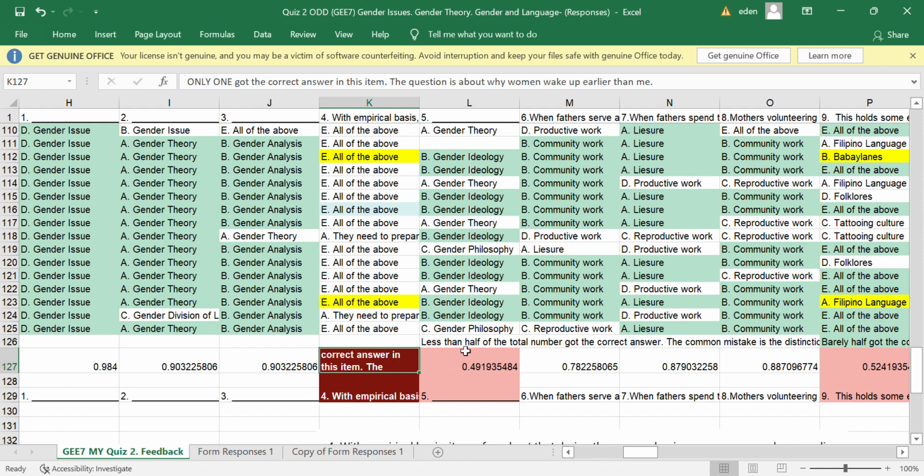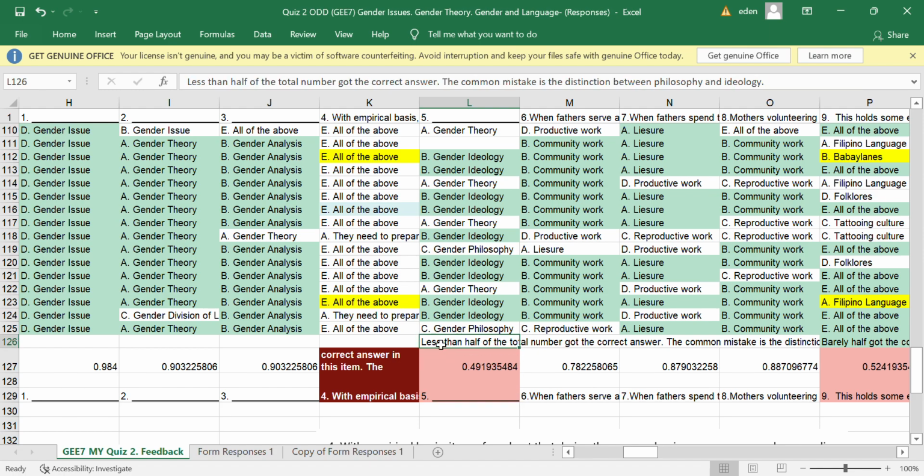Okay. And the second question in subtest 1 is about the generalization on gender relations advanced or popularized or advocated by society. So the correct answer here is gender ideology.